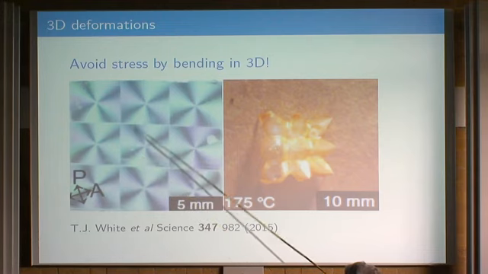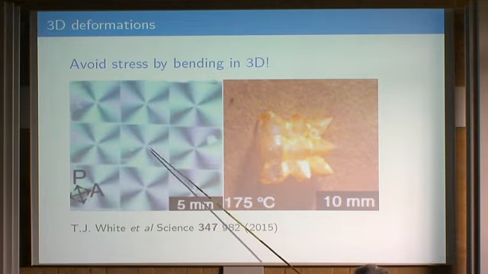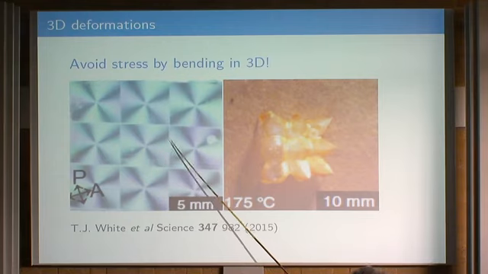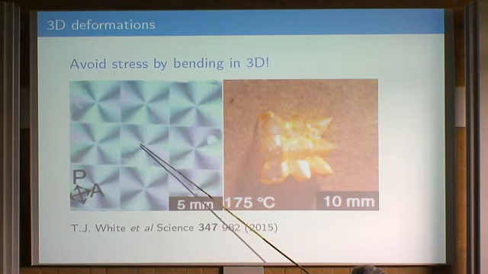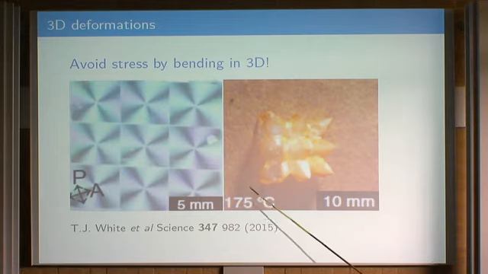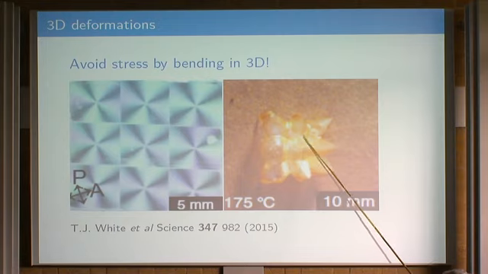And so they start with a flat sheet, and this deforms into such a kind of structure. So after it goes from nematic state by heating to isotropic state, we obtain such a structure.